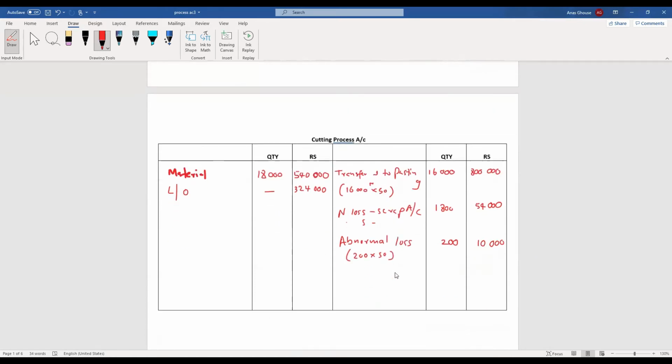If you balance this account, as you can see, the total is 18,000 units here and also 18,000 here. Then the total will be 864,000 here and also 864,000 here.